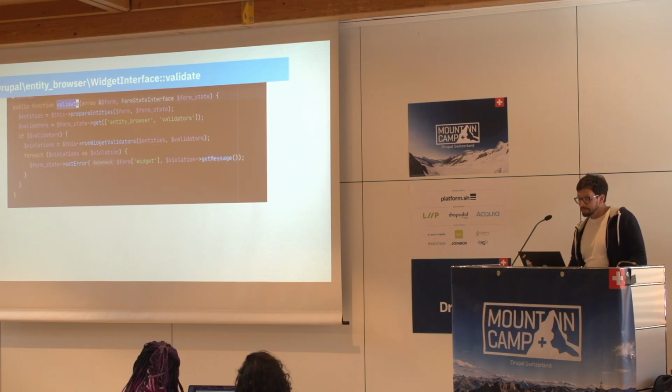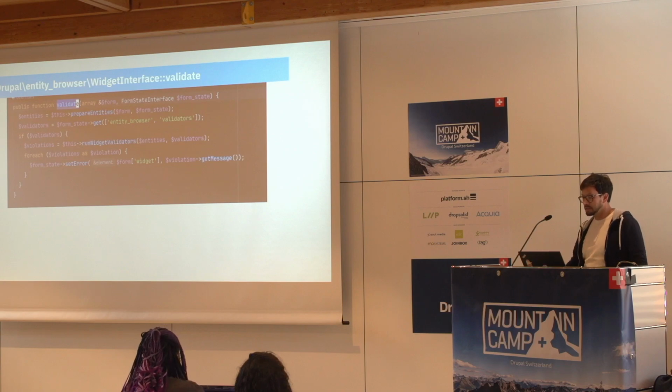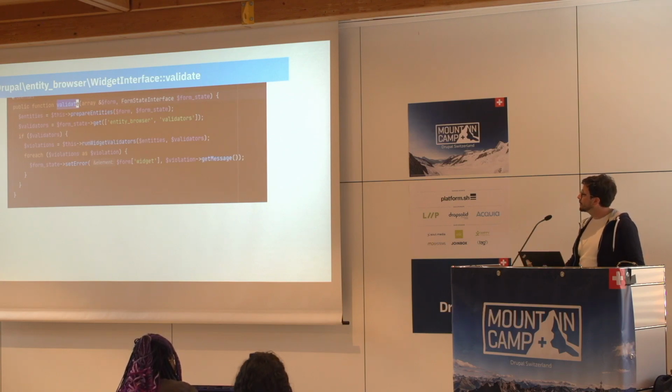Now we have the form. The user chose the assets and submitted. Entity Browser now wants to validate what was created or selected. But if we are talking about creation, the entities we need to validate might not be there yet.